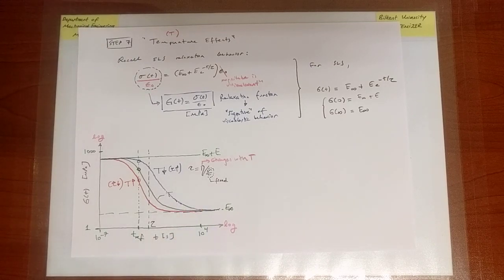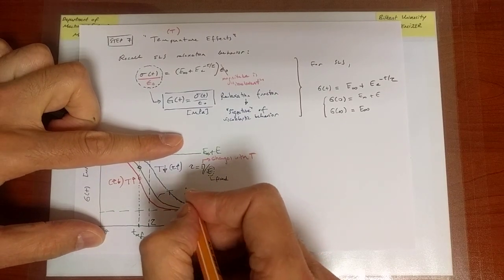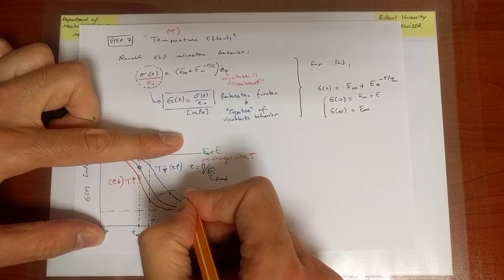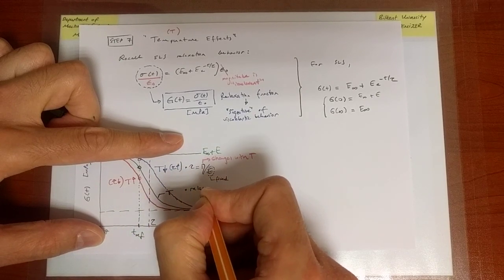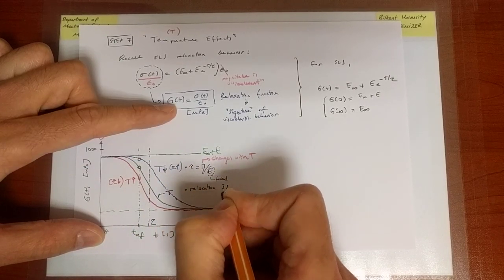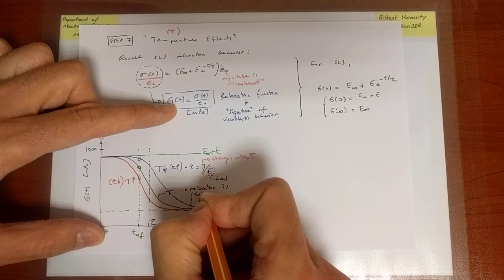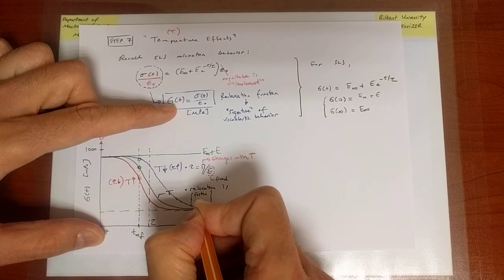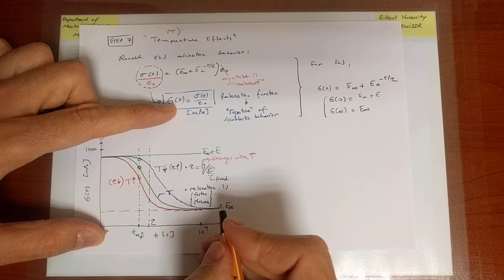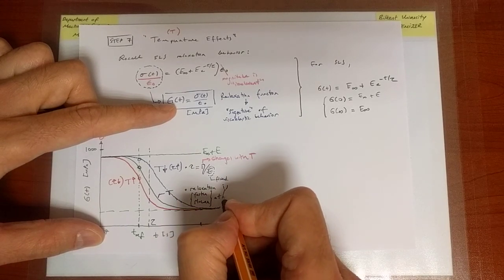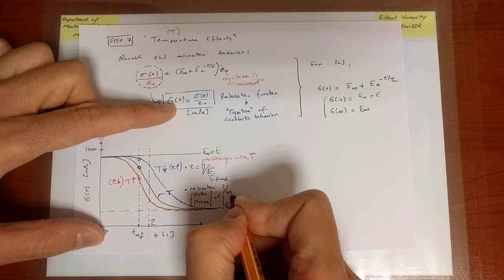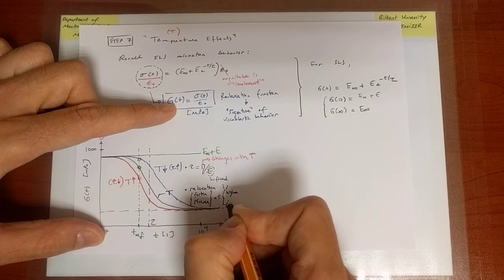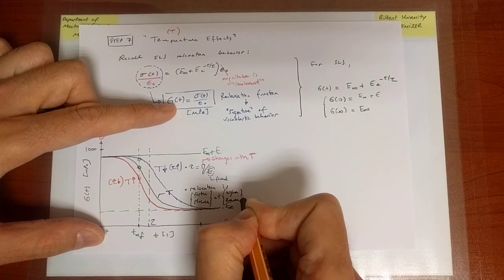So what we've observed, to summarize here, is that relaxation is faster if the temperature is higher, slower if the temperature is lower.